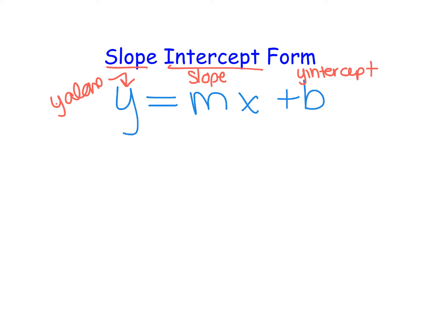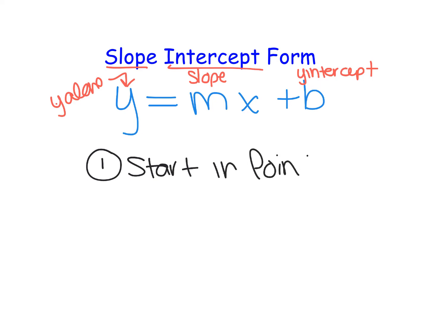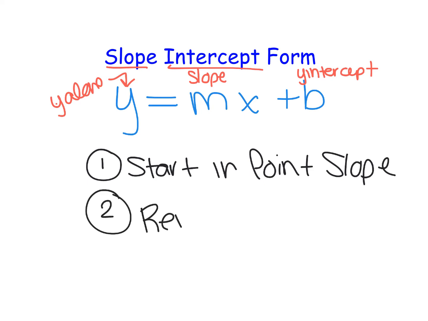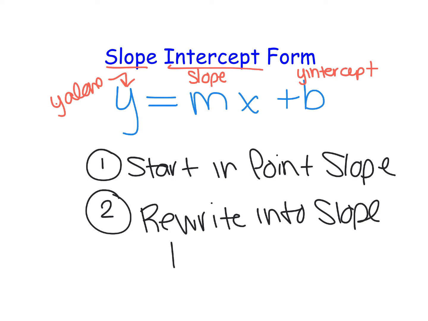Now, we're going to write equations in slope-intercept form by starting in point-slope form, and then we're going to use our knowledge of basic algebra to rewrite that equation into slope-intercept form.